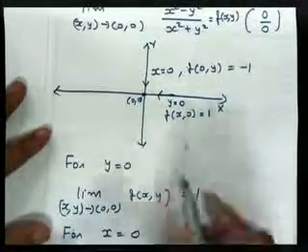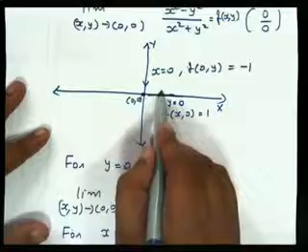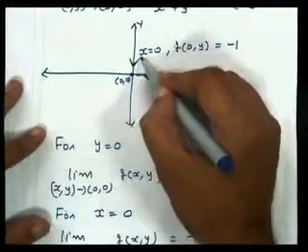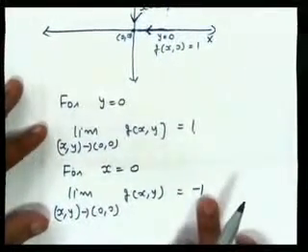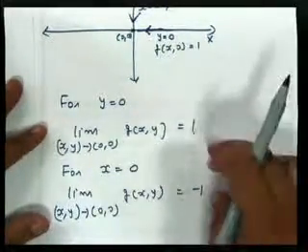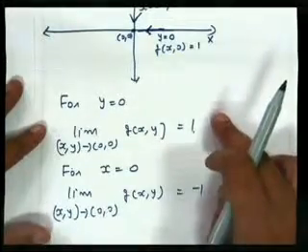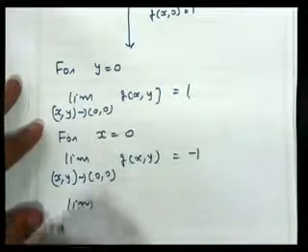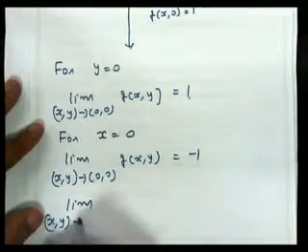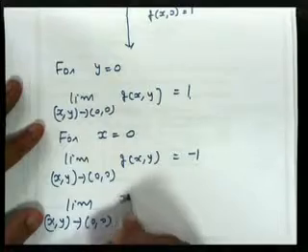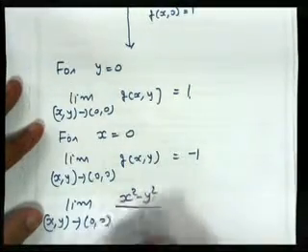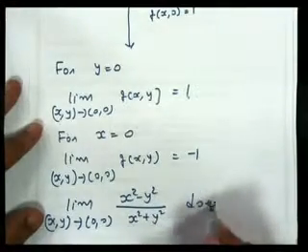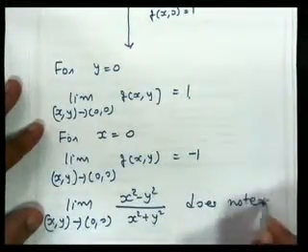So see here, if I approach by the x-axis, I get limit 1. If I approach by the y-axis, I get limit −1. So for these two paths, I get different limits. Hence we can say that the limit as (x, y) tends to (0, 0) of (x² − y²) / (x² + y²) does not exist.